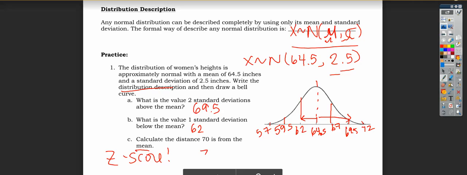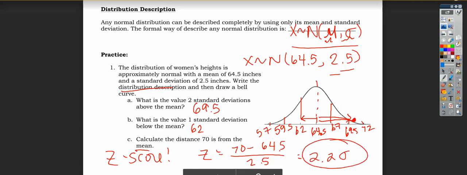So I'm going to do z equals x, which is 70, minus my mean, which is 64.5, all over my standard deviation, which is 2.5. I'm going to type that in my calculator, and I get 2.2, which means it's about 2.2. It's like right there. It's above my mean.